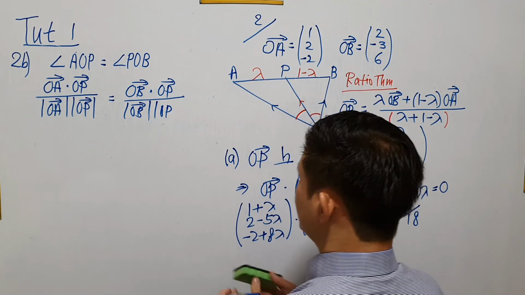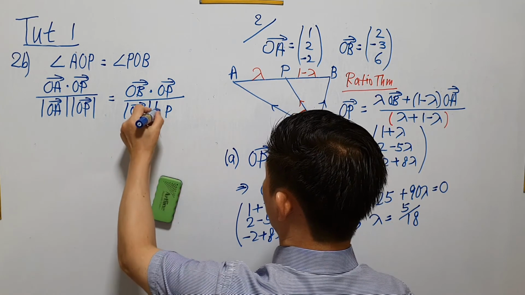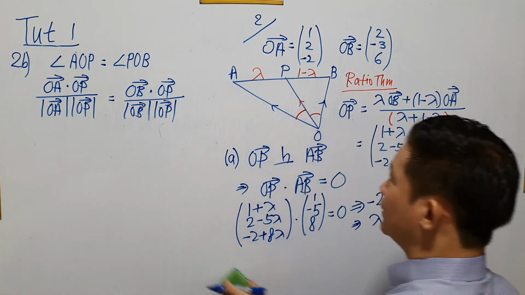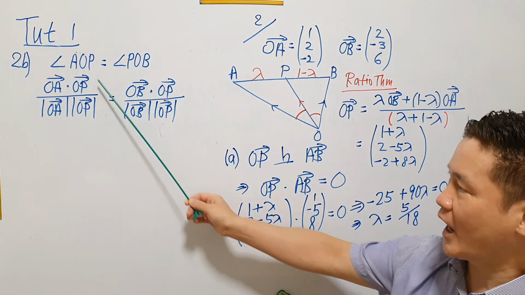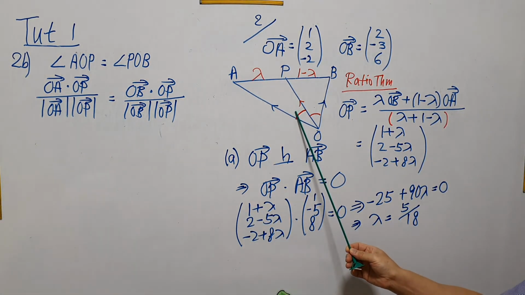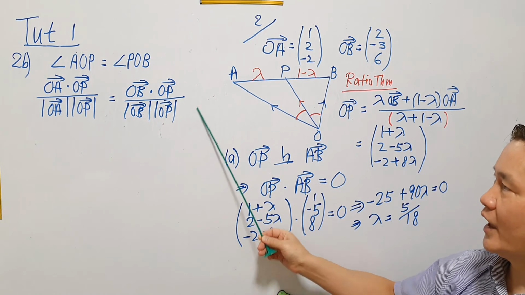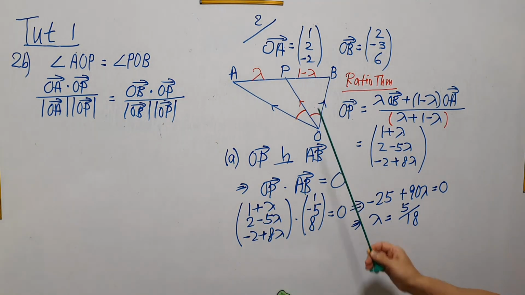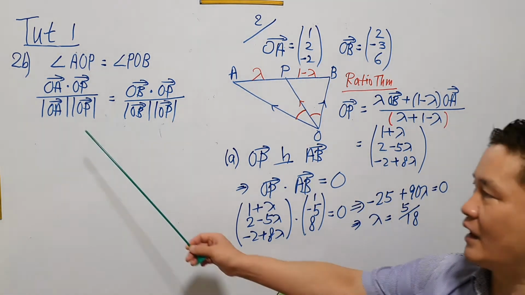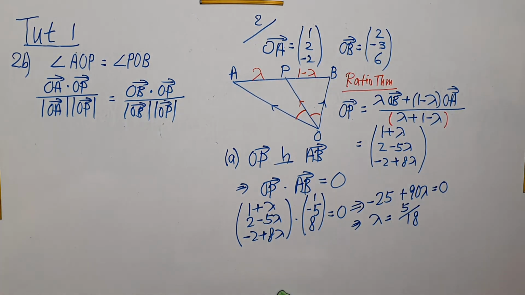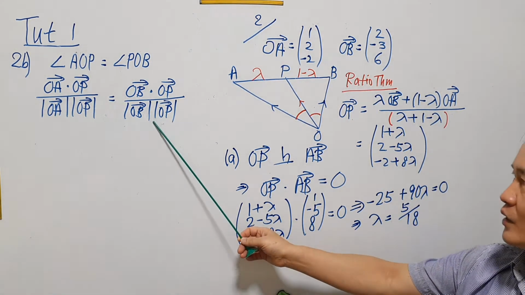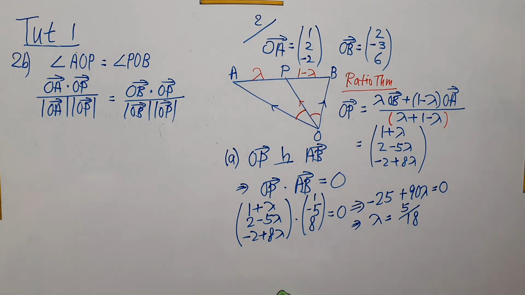Why should this be the case? If you recall, this calculation gives you the cosine of this angle by virtue of the definition of dot product, and likewise this gives you the cosine of this angle. So they have to be equal.